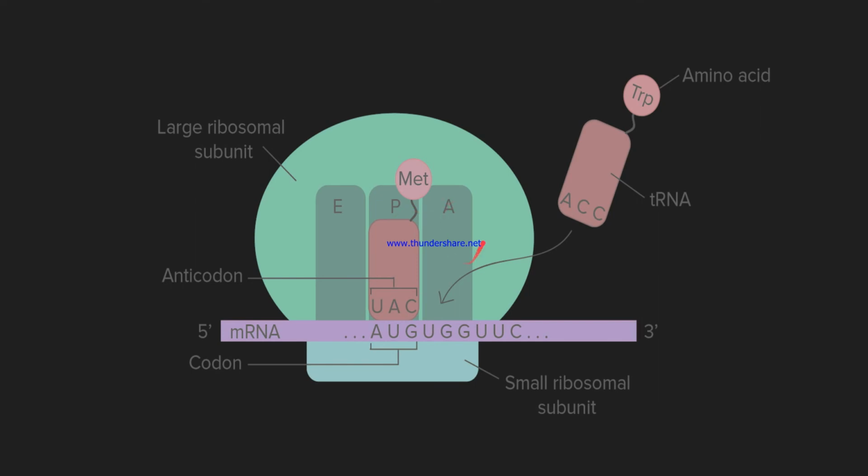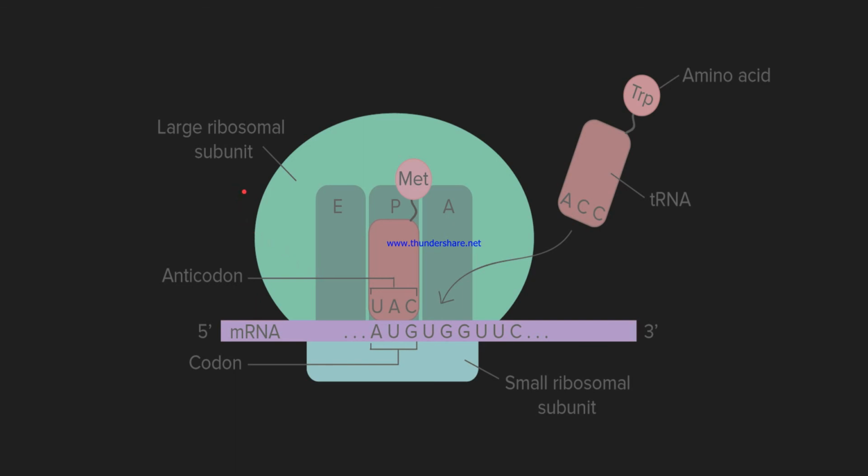So you have a tRNA in the A site with an amino acid on top, and imagine this would be connected to the amino acid. Then just this tRNA can move over to the E site, where it leaves the ribosome.